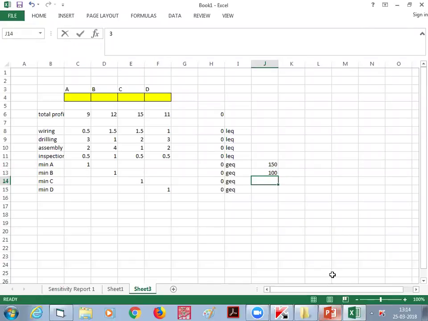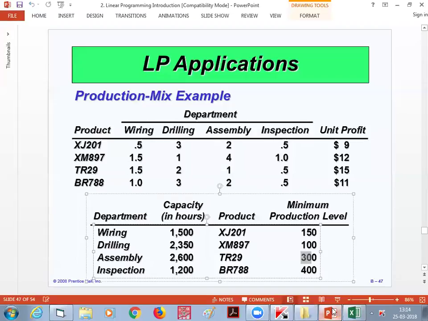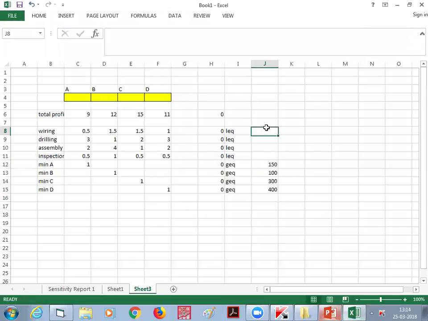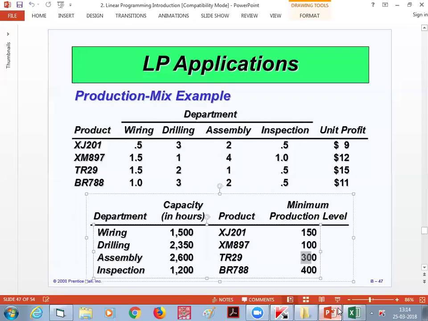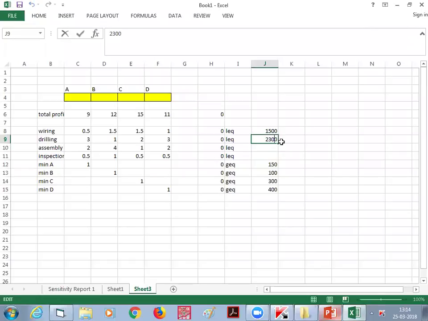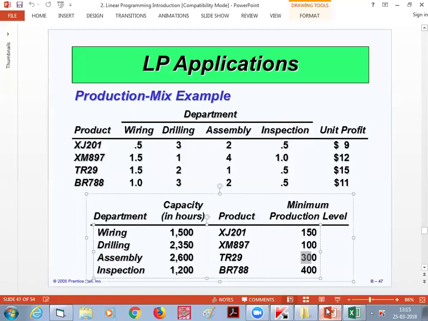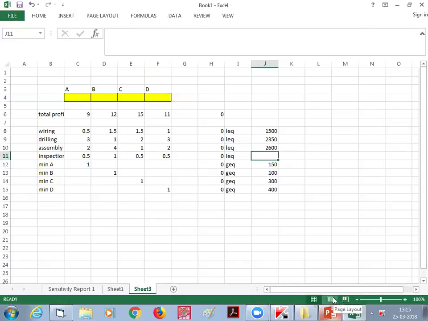And what was the capacity? 1,500, 2,350, 2,600, and the last one is 1,200. Okay?